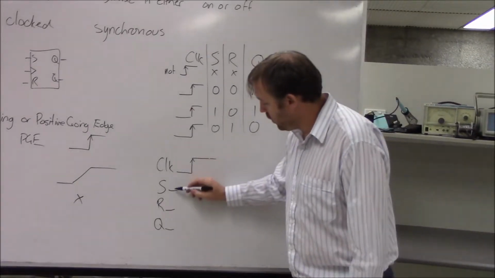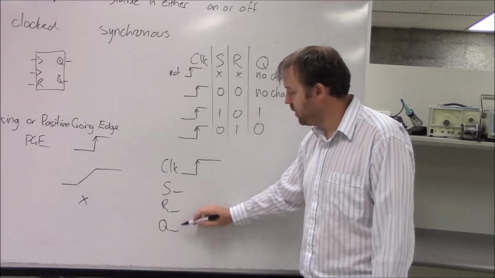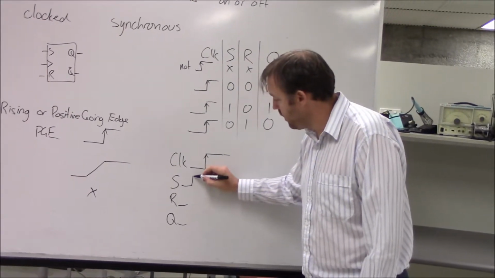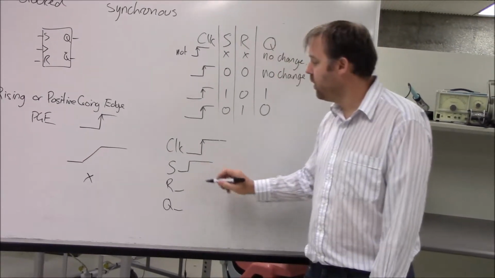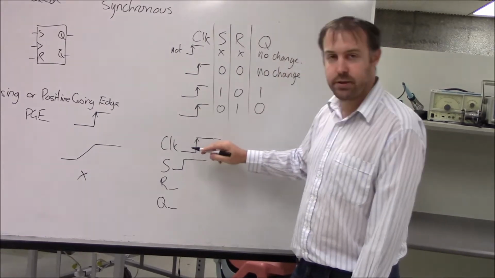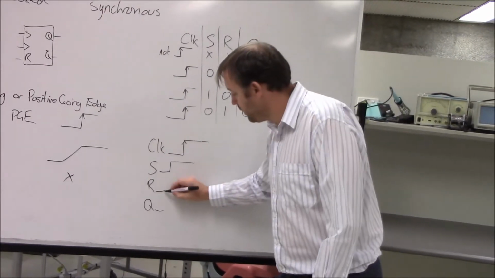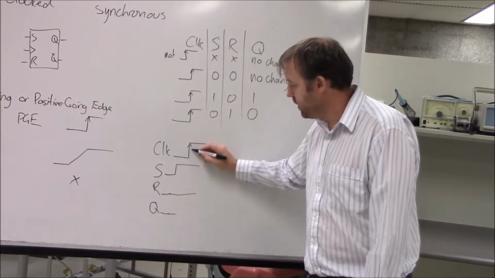Then at this point here, there's no rising edge, so Q is not going to change. If I have set changing to high there, then the output here doesn't see the rising edge, so it's not going to change yet.